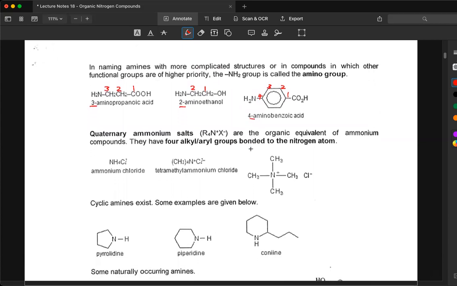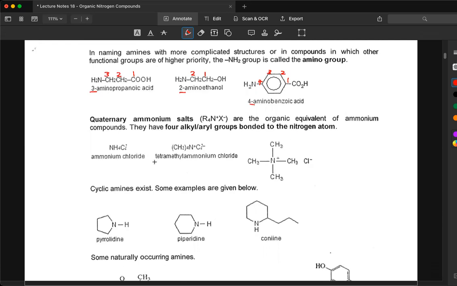Now, quaternary ammonium salts are the organic equivalent of ammonium compounds like NH4+, where you have 4 alkyl or aryl groups bonded to the nitrogen atom. So we have ammonium chloride, or tetramethylammonium chloride.